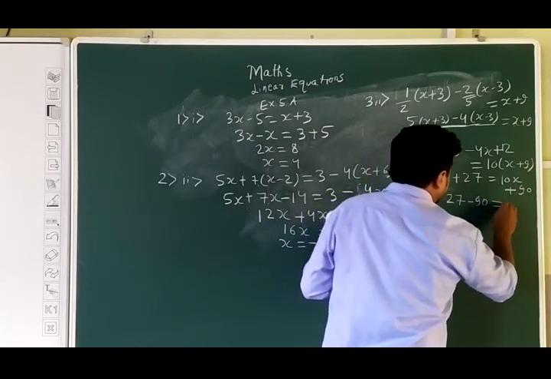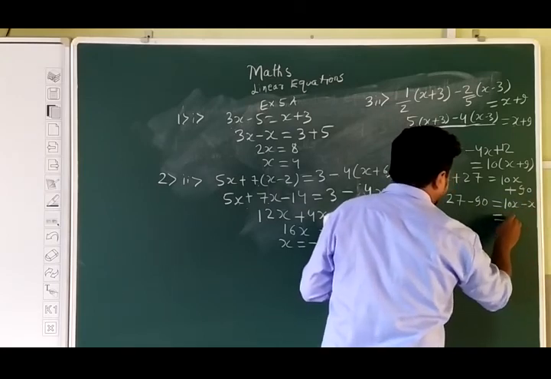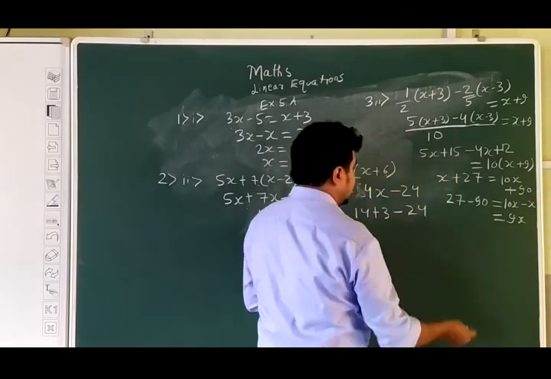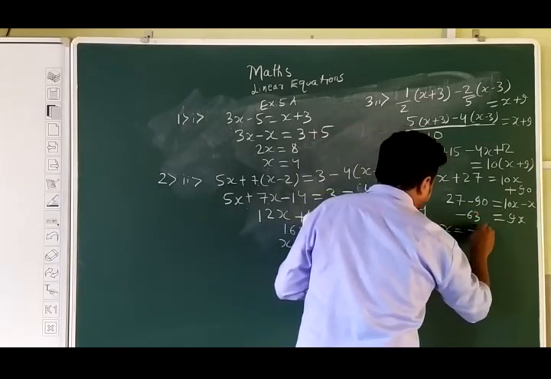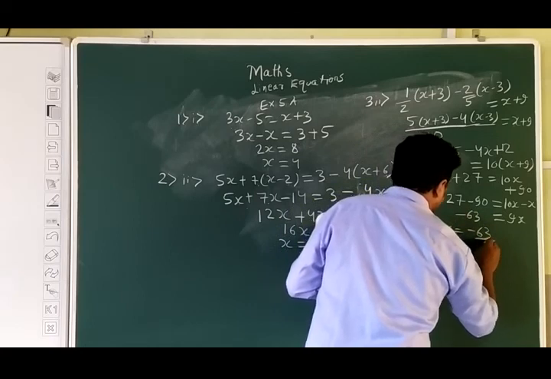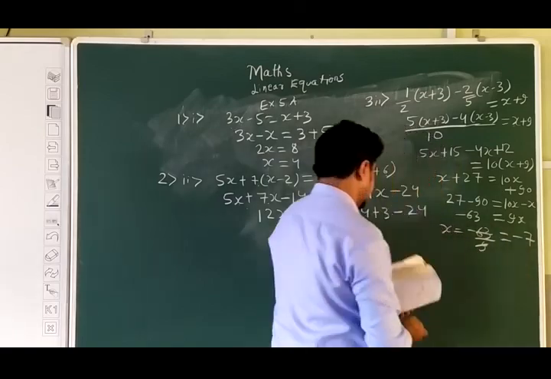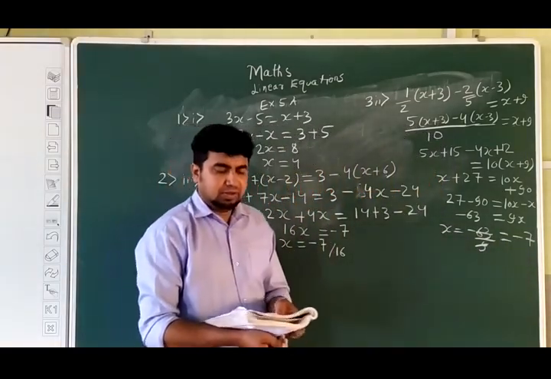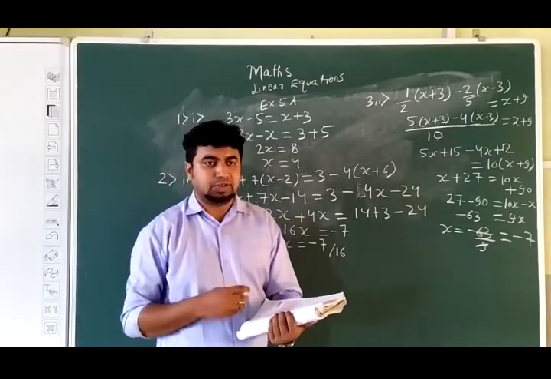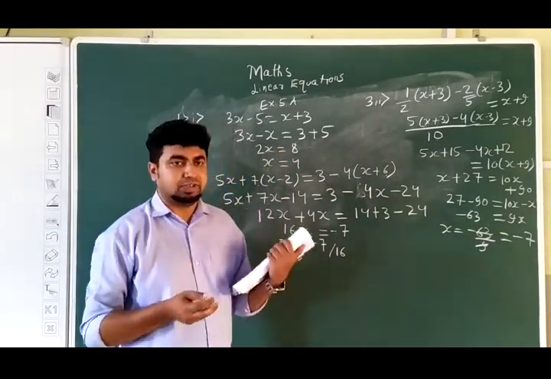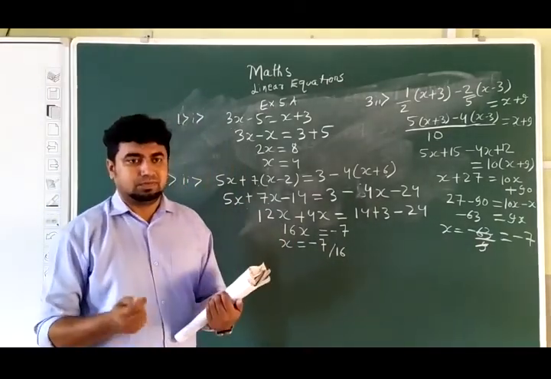And this is 10x minus 9x is equal to minus 63. x is equal to minus 63 divided by 9, which is coming out to be minus 7. So we have discussed up to question number 3, bit 2. Now we will be moving to question number 4. We have discussed all the questions up to here.